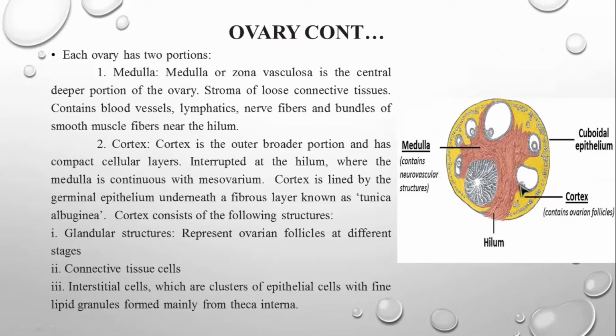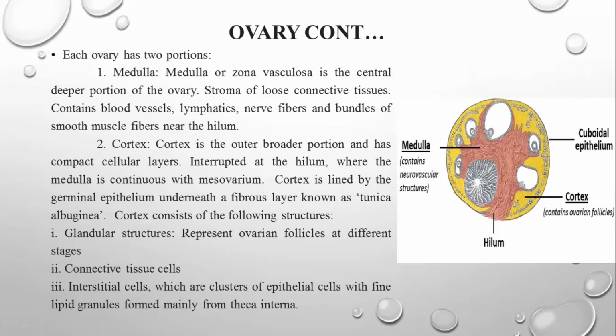The medulla, also called the zona vasculosa, is the central deeper portion of the ovary. It is a stroma of loose connective tissue containing blood vessels, lymphatics, nerve fibers, and bundles of smooth muscle fiber near the hilum. Next, the cortex is the outermost layer of the ovary, a compact cellular layer interrupted at the hilum, where the medulla is continuous with the mesovarian ligaments.